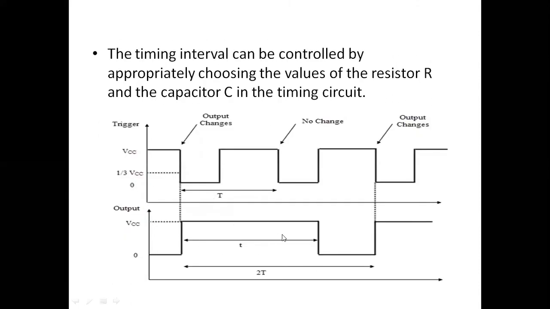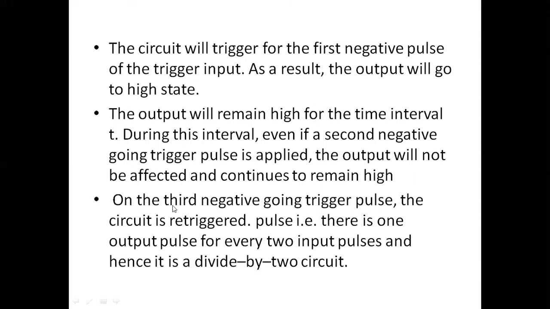In this interval, if you apply a second negative going trigger pulse, it will not affect the output. That means the output still remains in the high state, because the product of R and C values is larger than the timing interval. So only on the third negative going trigger pulse is the circuit re-triggered.